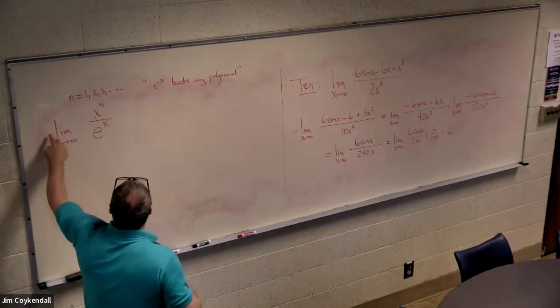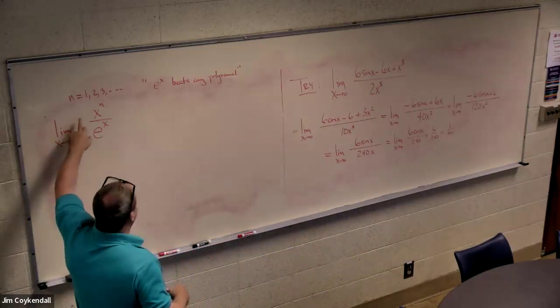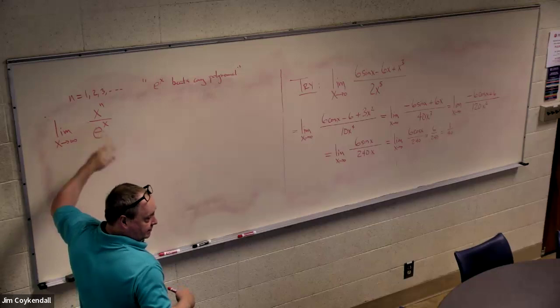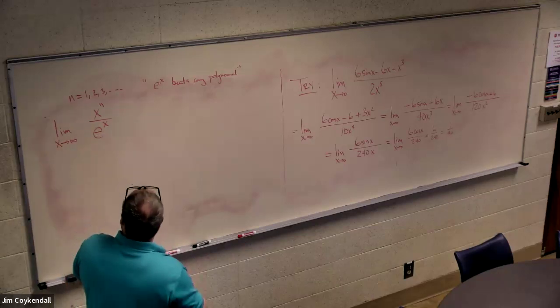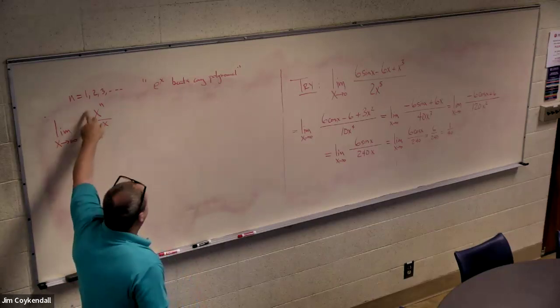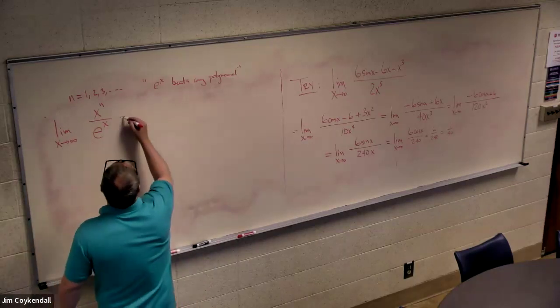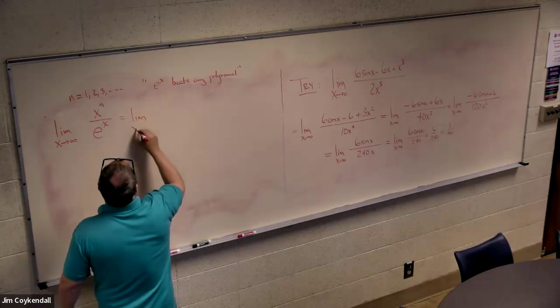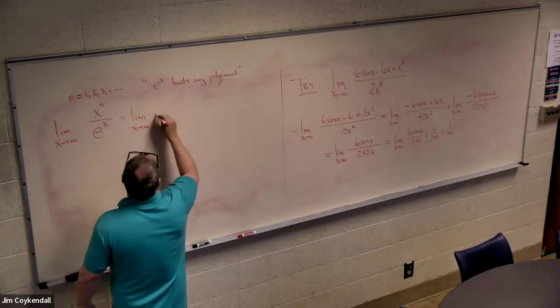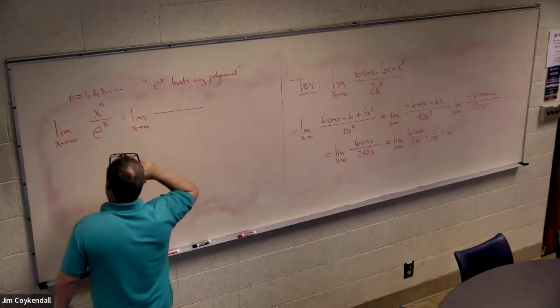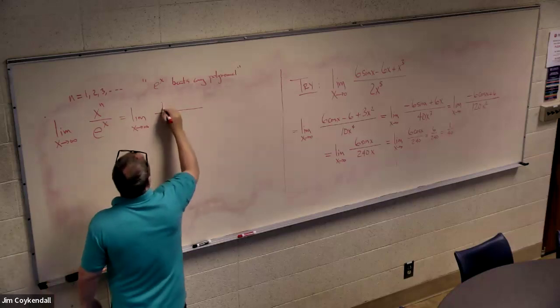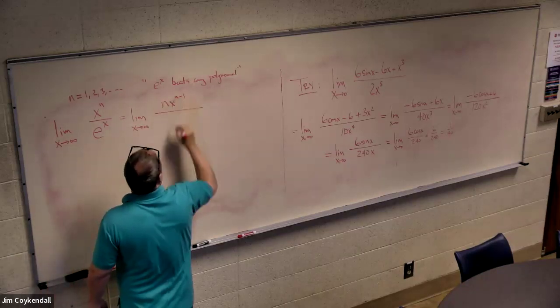Look at the limit as x goes to infinity of x to the n over e to the x. Right? Infinity over infinity, right? This is a job for L'Hopital's. Now, take the derivative of x to the n and you get n x to the n minus 1.